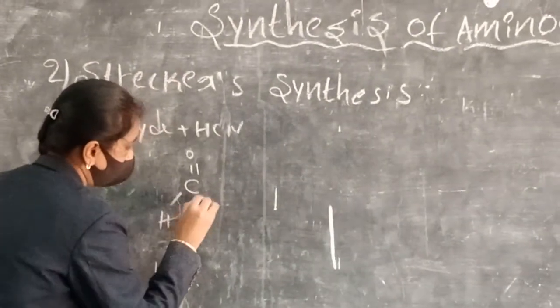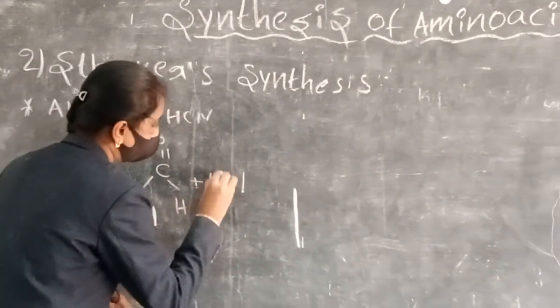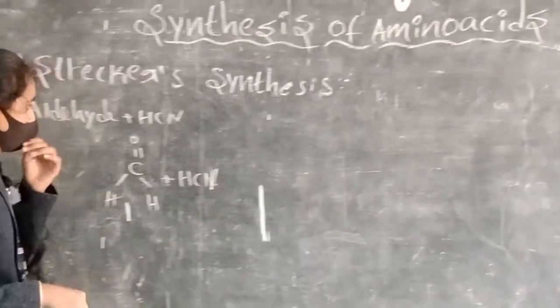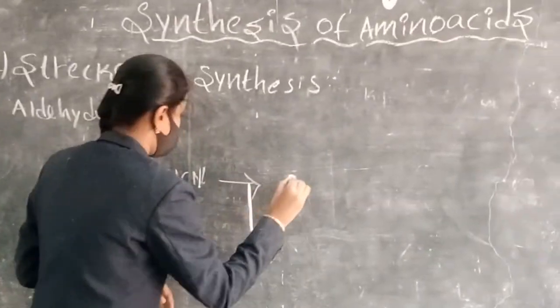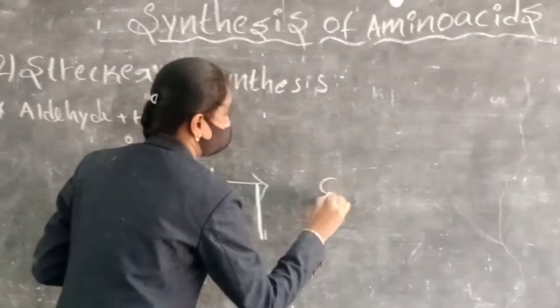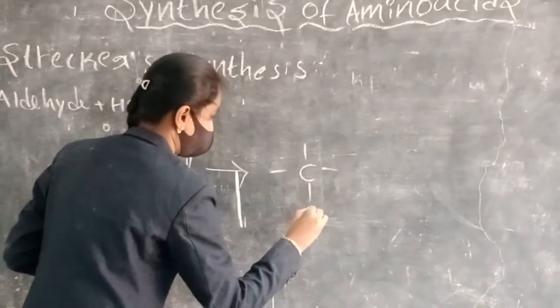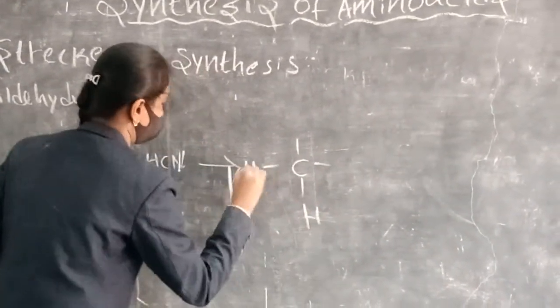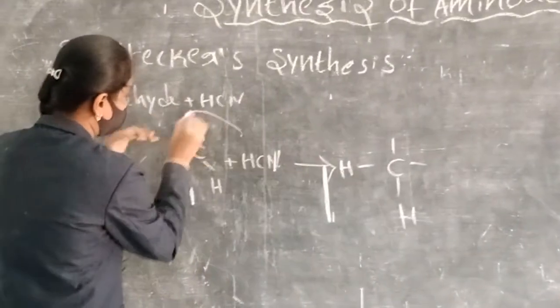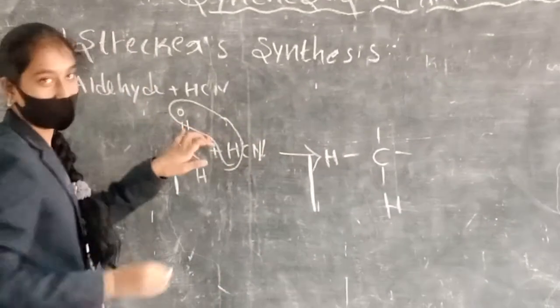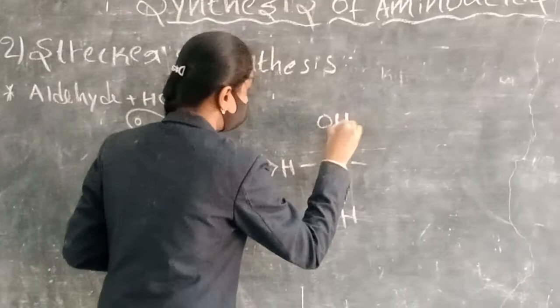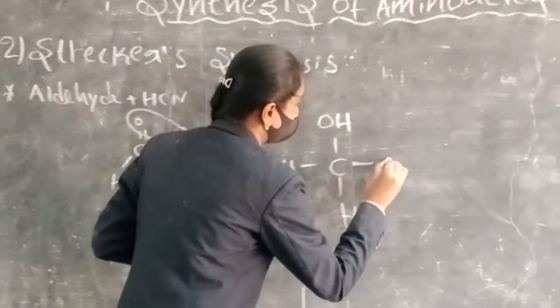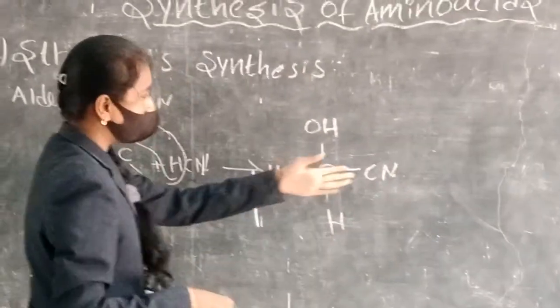It is the aldehyde which is treated with hydrogen cyanide to form cyanohydrin. So we get OH, and this CN is kept here. It may also be replaceable.